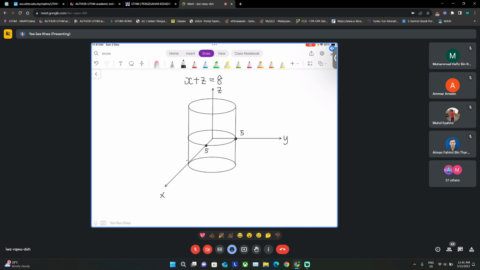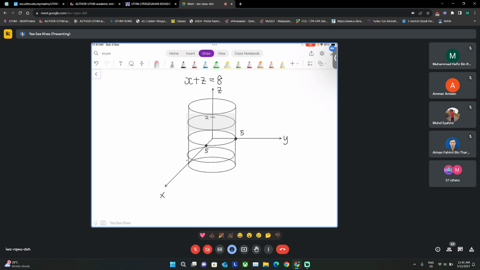Between plane z equals 2, which is a horizontal plane, might be here. You cut this cylinder horizontally at the position z equals 2.